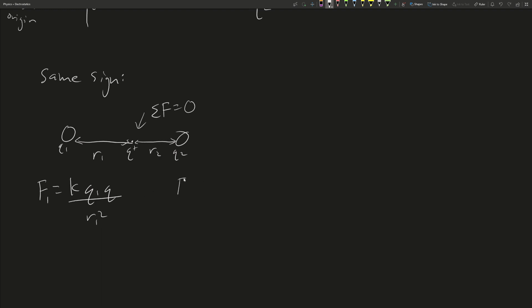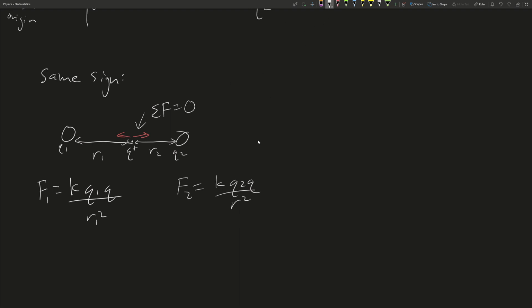So force 2 from the second charge is going to be equal to k Q2 Q over R2 squared. Now, since they're the same sign, they're going to be acting in opposite directions, because if both of these are positive, then Q1 is going to repel this charge and Q2 is also going to repel this charge. So they're in opposite directions.